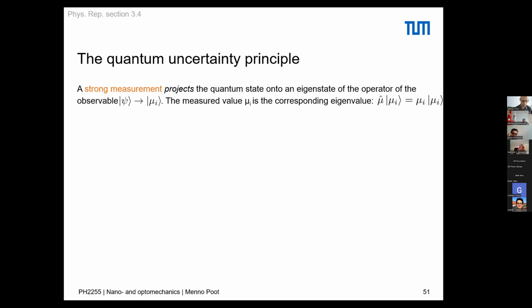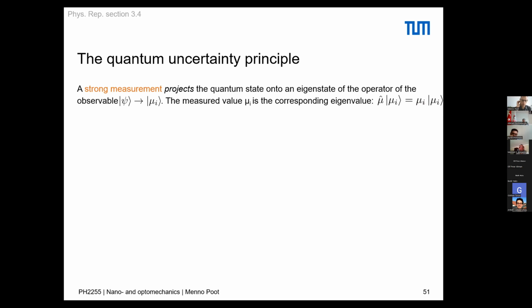Think of this, for example, as the position that you're trying to measure for your optomechanical device. Then you are going to find a certain position, and you know that after that, there is going to be a new wave function that is very sharply peaked at that location where you found your mechanical device. And then there is this operator mu, and then there's also the measurement outcome that you're going to get.